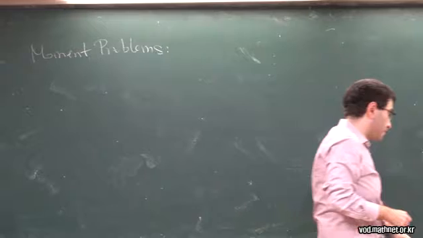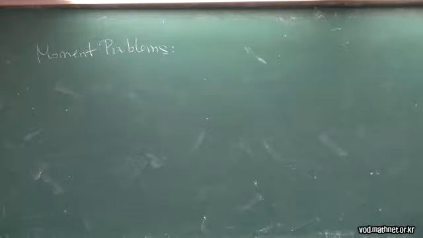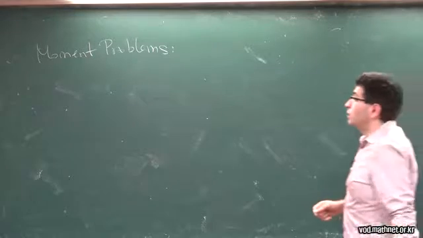Okay, so this will go under the name of moment problems, and I will try to explain what a moment is and so on, and then I will explain what this has to do with duality. So what is the idea here?